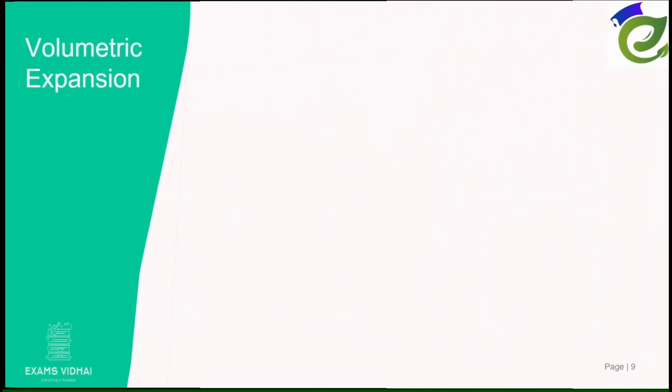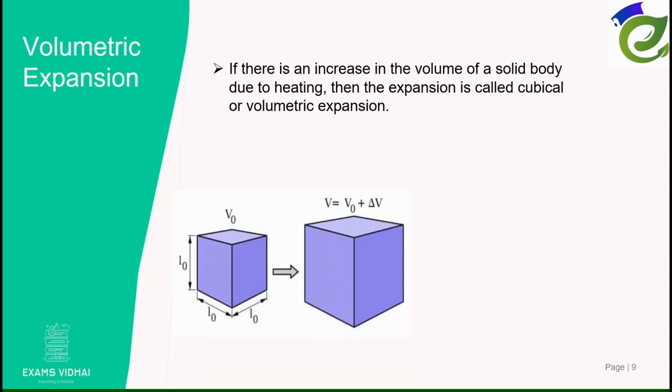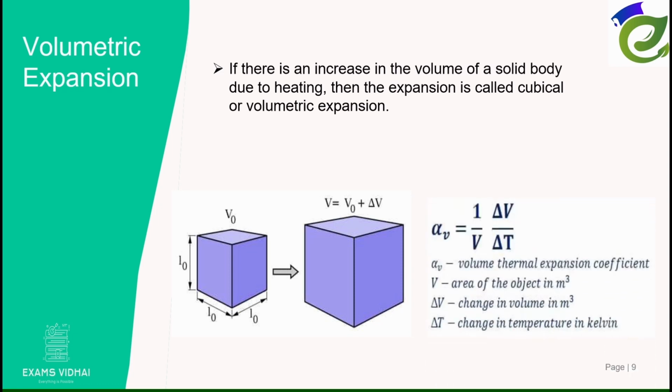Next, volumetric expansion. If there is an increase in volume of a solid body due to heating, then the expansion is called cubical or volumetric expansion. So when we have an initial volume of V naught at a temperature T, and when the temperature changes to T plus delta T, we finally have a total volume of V plus delta V. So here alpha V is the coefficient of cubical expansion.